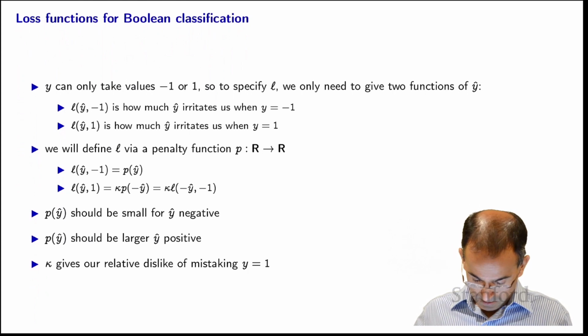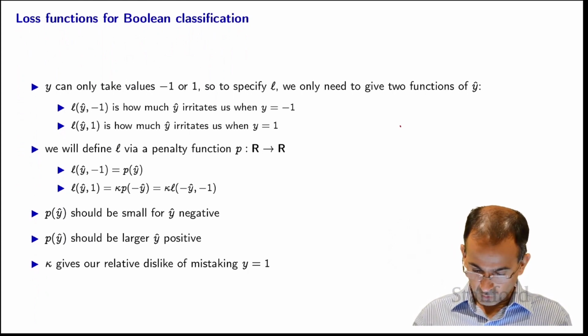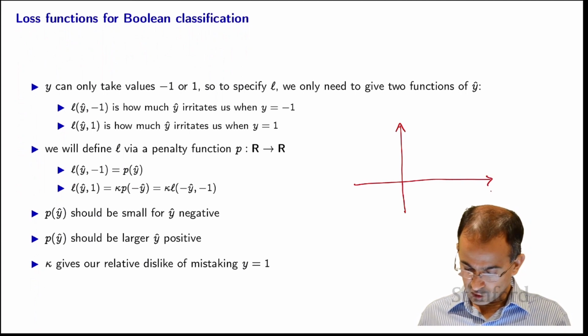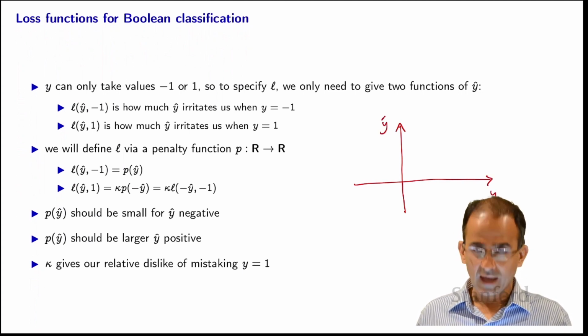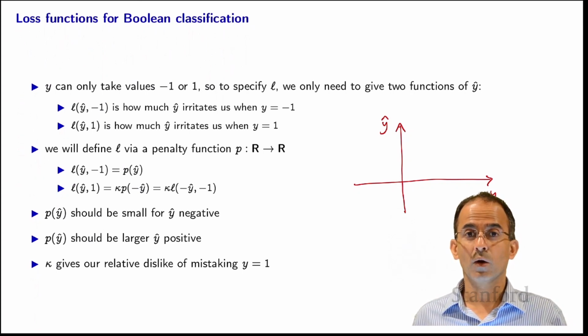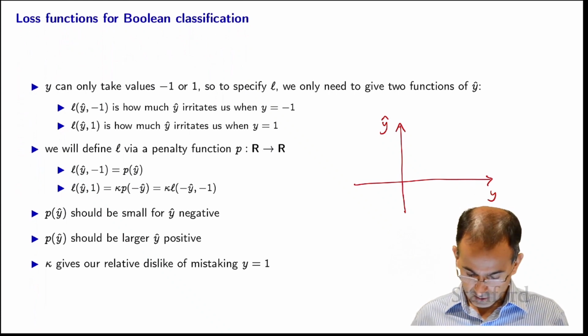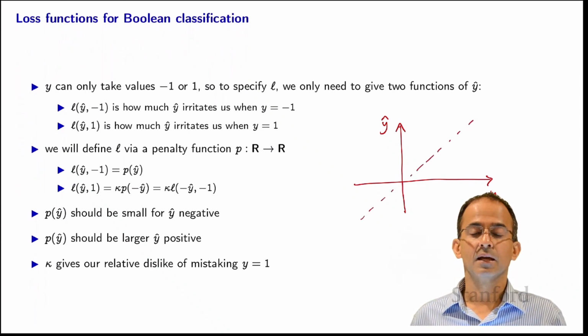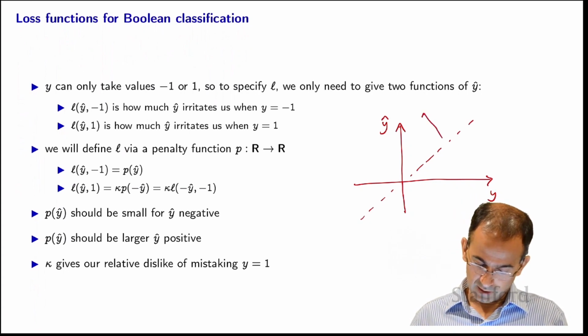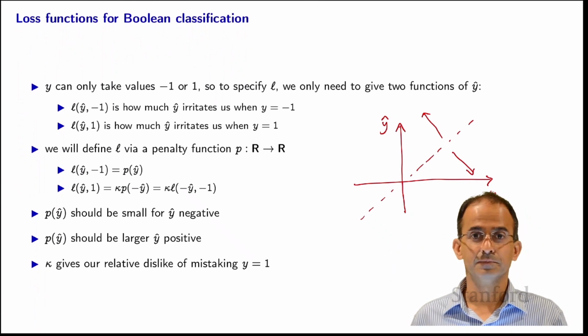Normally when we think about a loss function, it is a function of y and y hat, and it is going to be small or 0 when y is equal to y hat, so along this line, and it's going to be increasing as we move away from that line.